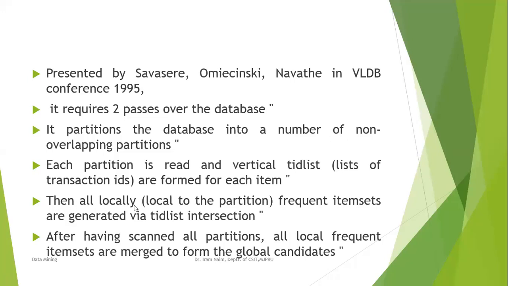Then all the locally frequent item sets are generated by transaction list intersection. So the same process that we follow in the Apriori algorithm will hold here. What we are doing is just not considering the complete database. We are taking a partition of the database. The rest of the procedure is the same.